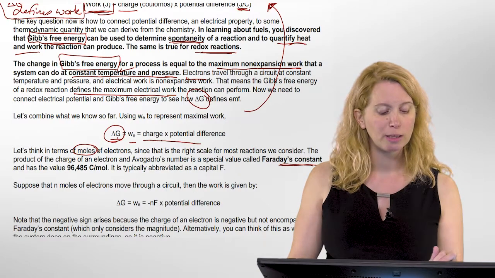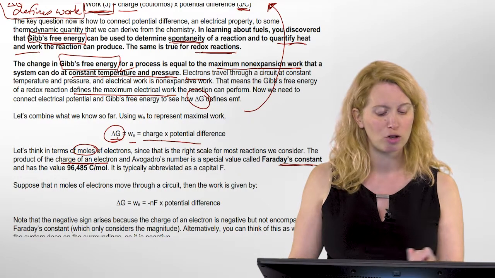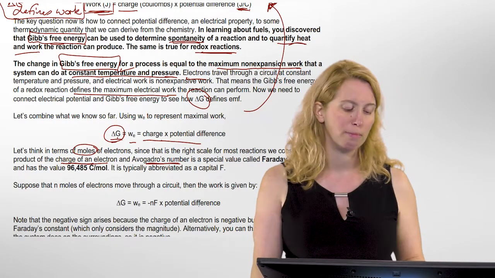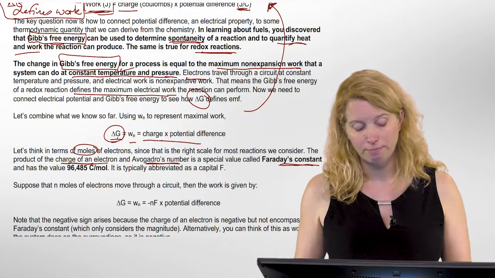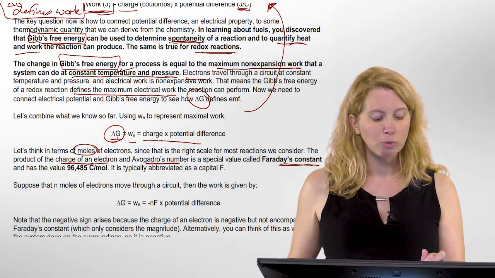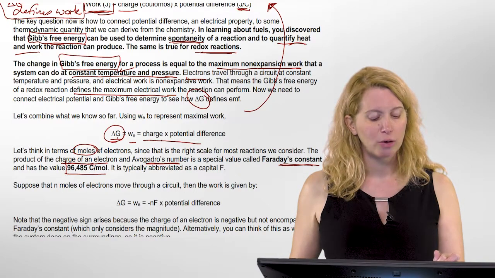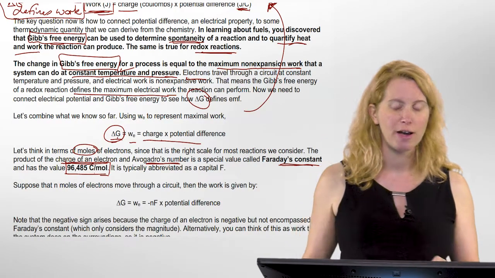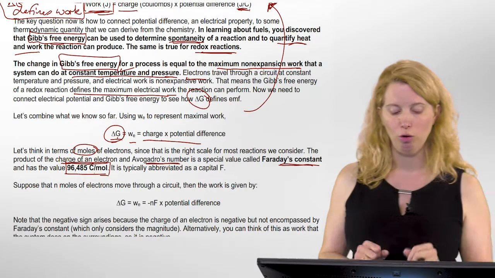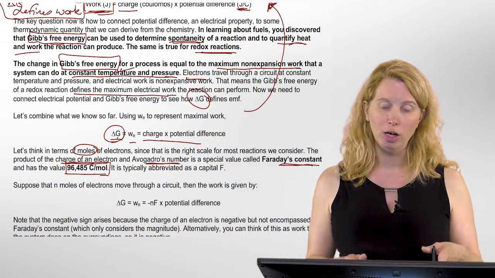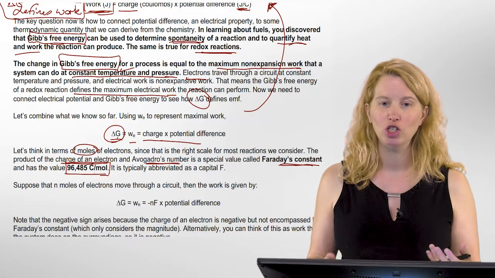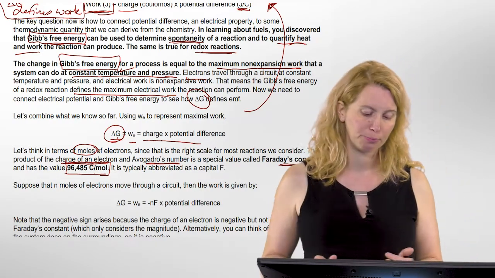That constant is the product of the charge of an electron with Avogadro's number. So it's basically the charge of a mole of electrons. And it works out to 96,485 coulombs per mole. So 96,485 coulombs is the amount of charge in a mole of electrons.